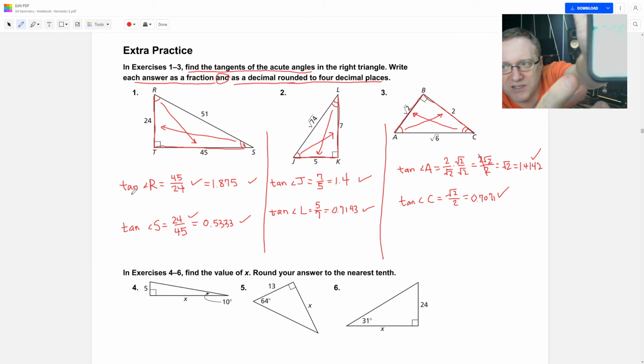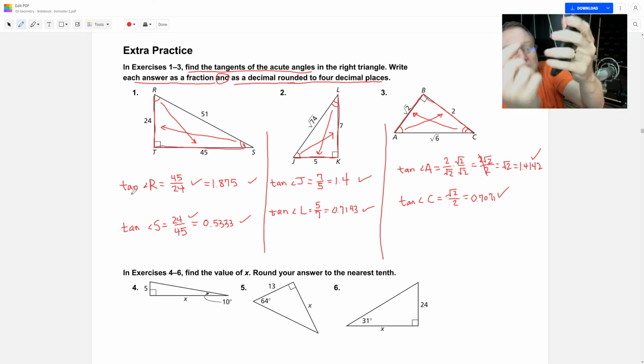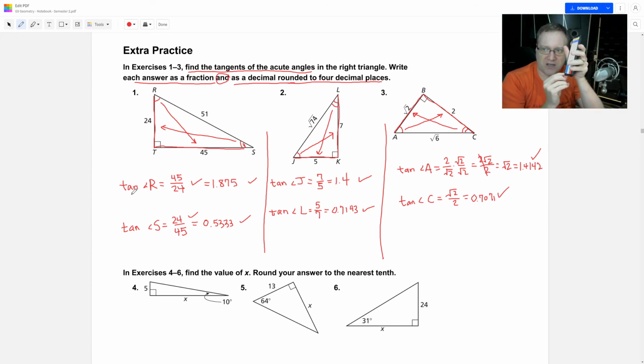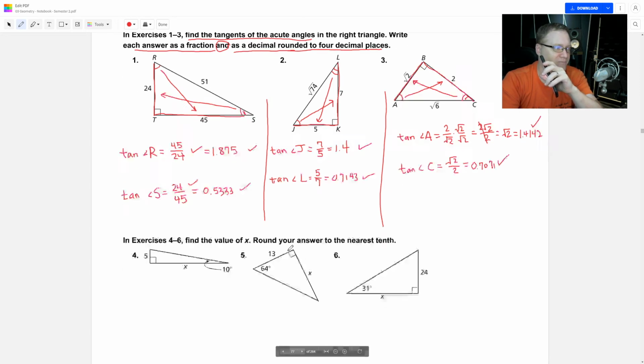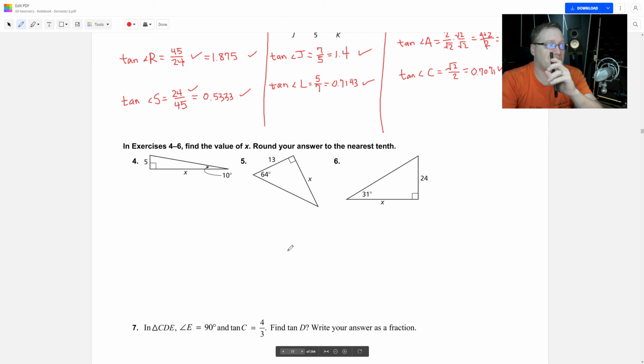I don't know if you can see it in the video, but you need to make sure that you have a button on your calculator that says TAN.